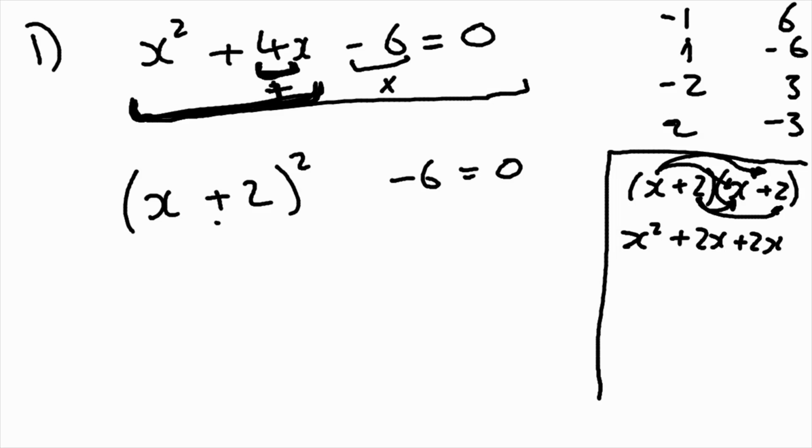And 2 times 2 is 4. Now, if we simplify this term, this gives us the plus 4x. But if we note at the end, there's another term here that we didn't have in our original equation. So we need to get rid of that as well.